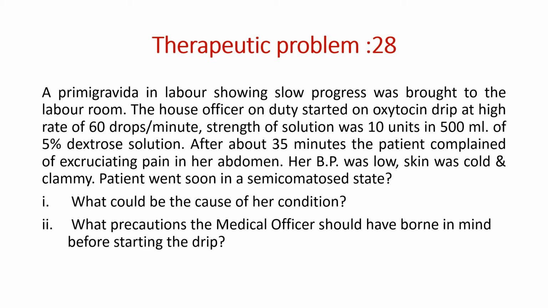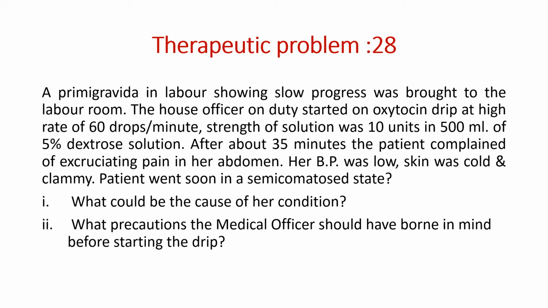Here the primigravida in the labor room was showing slow progression, so the officer gave oxytocin at a high rate of 60 drops per minute. But after 35 minutes the patient showed excruciating pain in the abdomen.